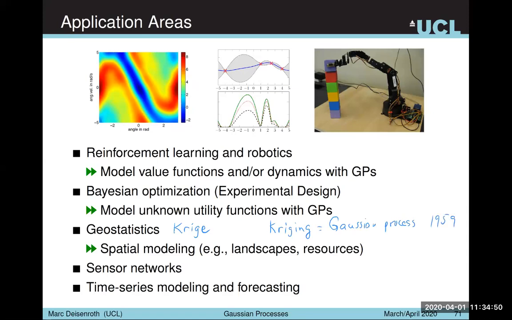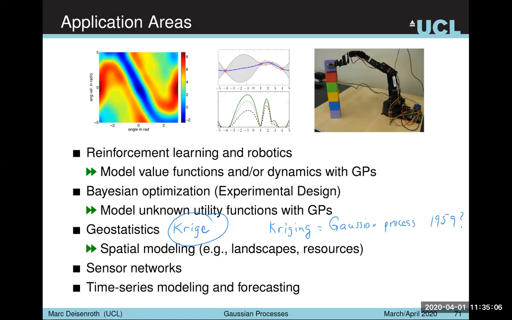I'm not entirely sure whether that year is correct, but this person wrote a master's thesis on Gaussian processes for geostatistics. So I think it's pretty cool.